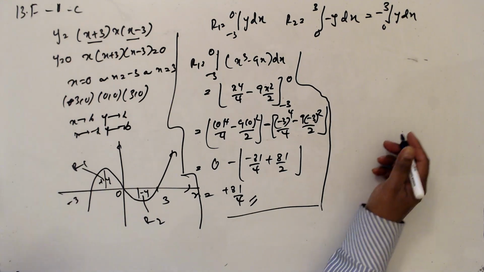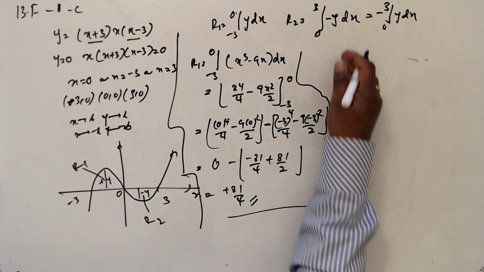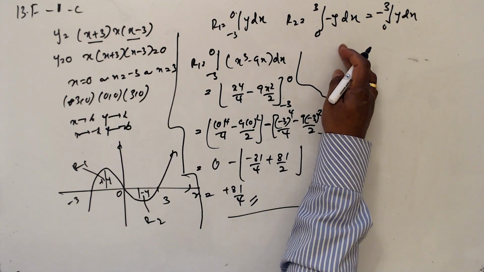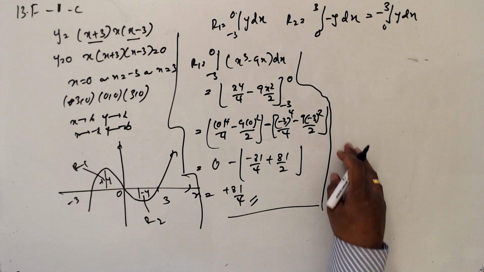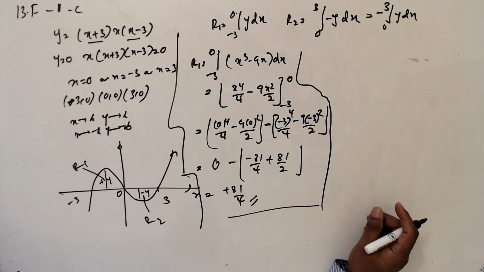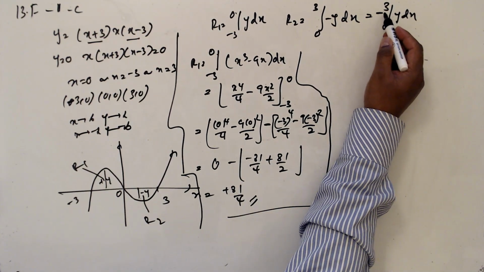Now I can work like this. The first sum I work like this, keeping minus y, and simplify, and you will get a straight answer. Or there's another method to get this one.